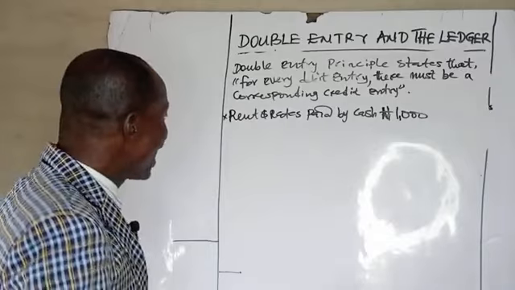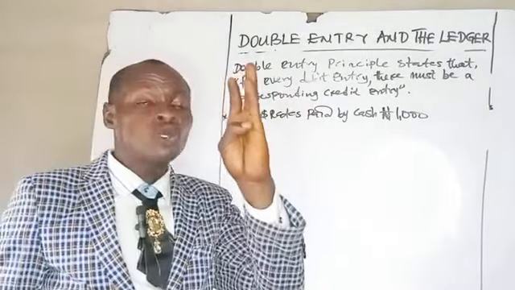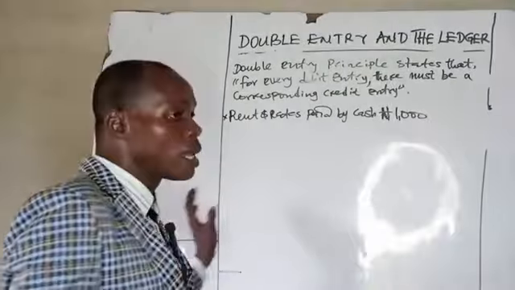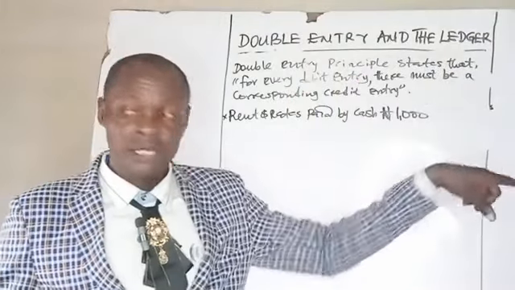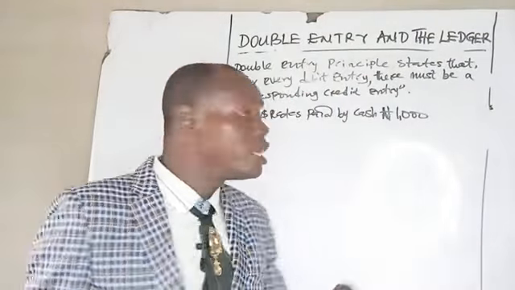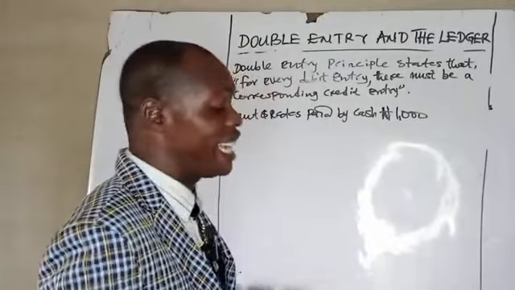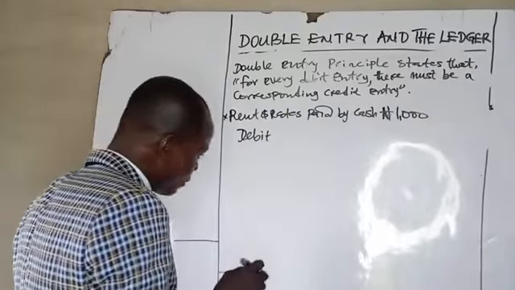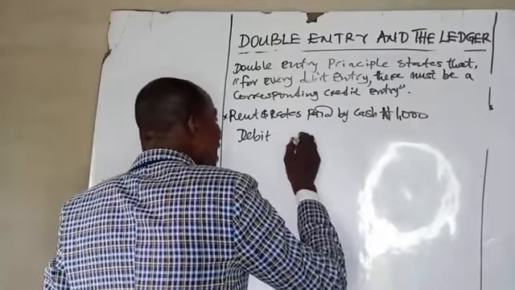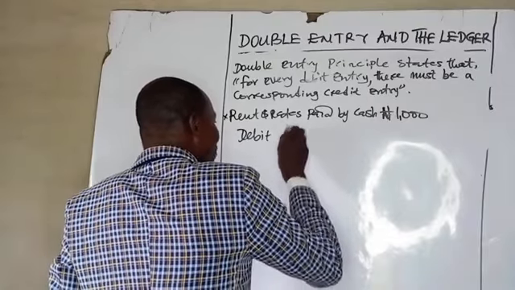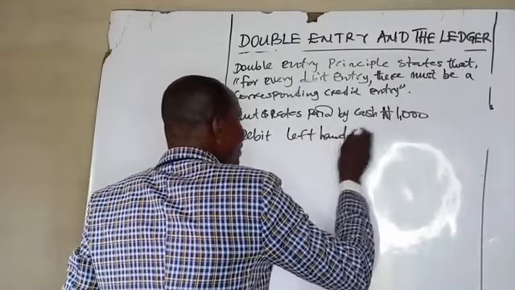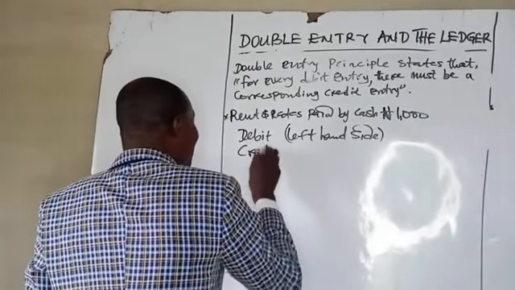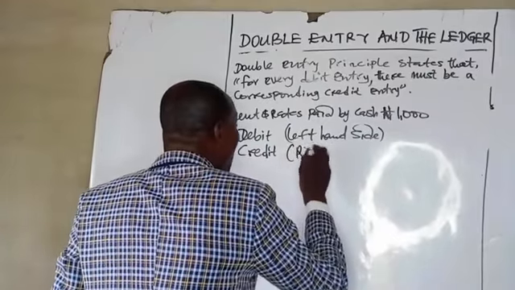So in accounting, there are always two sides: the left-hand side and the right-hand side. The left-hand side is called the debit side. The word debit in accounts is different from debt. Debit means the left-hand side of the account, while credit means the right-hand side of the account.